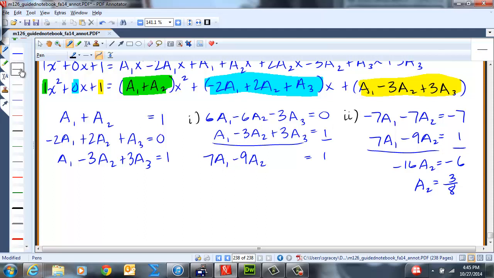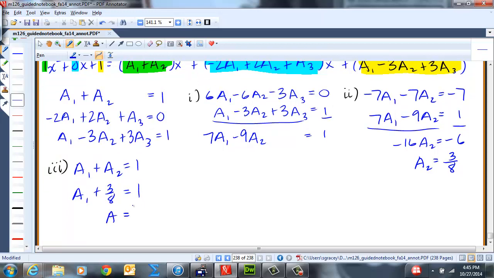And then back substituting, we'll go to A1 plus A2 is equal to 1. So A1 plus 3/8 is equal to 1. That would make A1 5/8 because 5/8 plus 3/8 is 8/8. And then finally, A3 we can get by plugging into one of the other equations. So I'll just do the third. A1 minus 3A2 plus 3A3 equals 1.